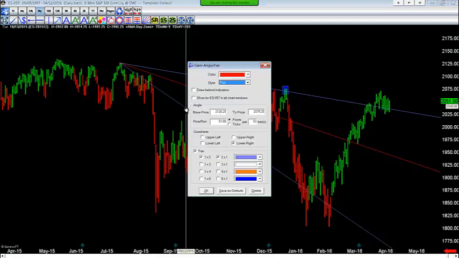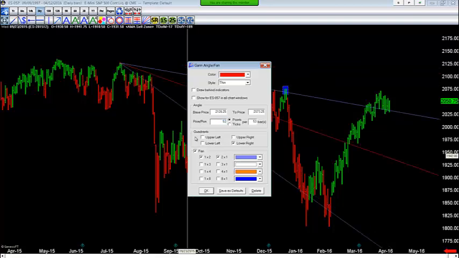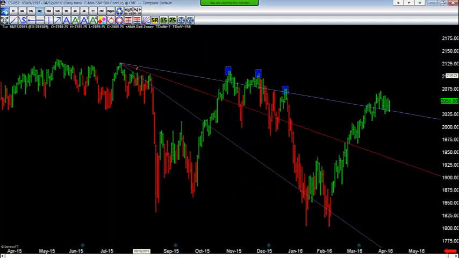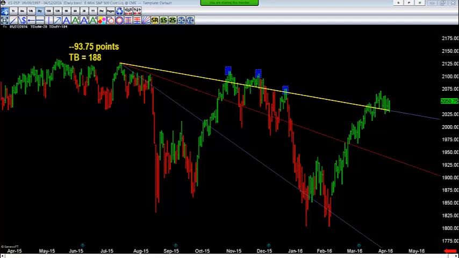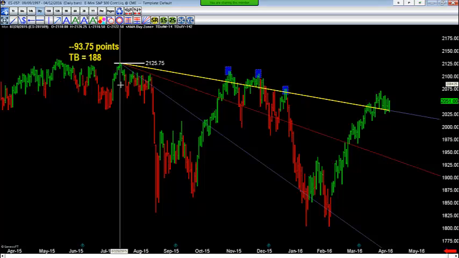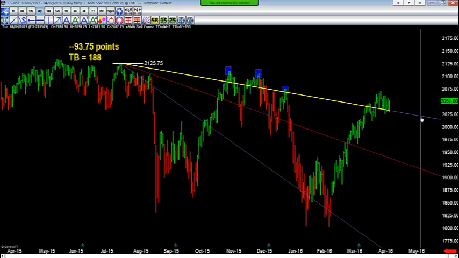I'm just going to draw it. Like I said, your Ninja will automatically do this. So you can see where this low is. Look at that blue line going right through today's low. So I'm going to come over here. 188 divided by 2. I get 94. This high price, again, I do it manually because I can't quite get my cursor, the SR tool, exactly right on that line.